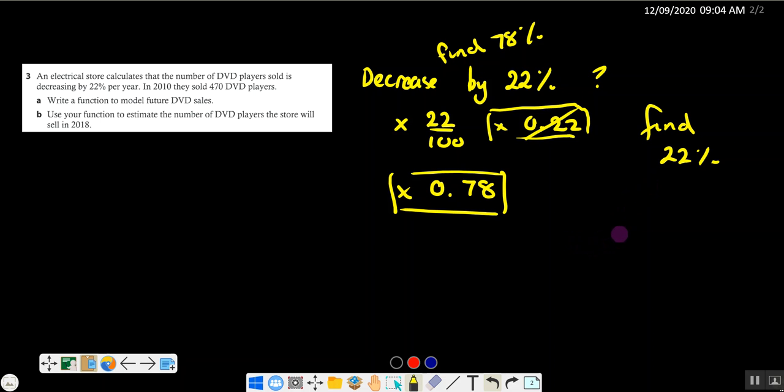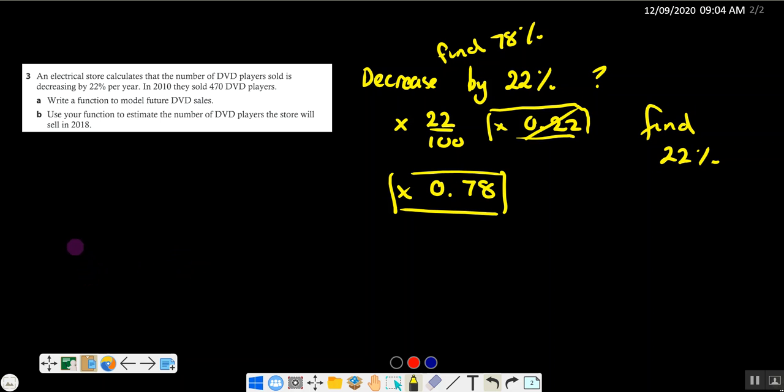Okay. So the question: write a function to model future DVD sales. In 2010 they sold 470. So is that the initial value? Yeah.